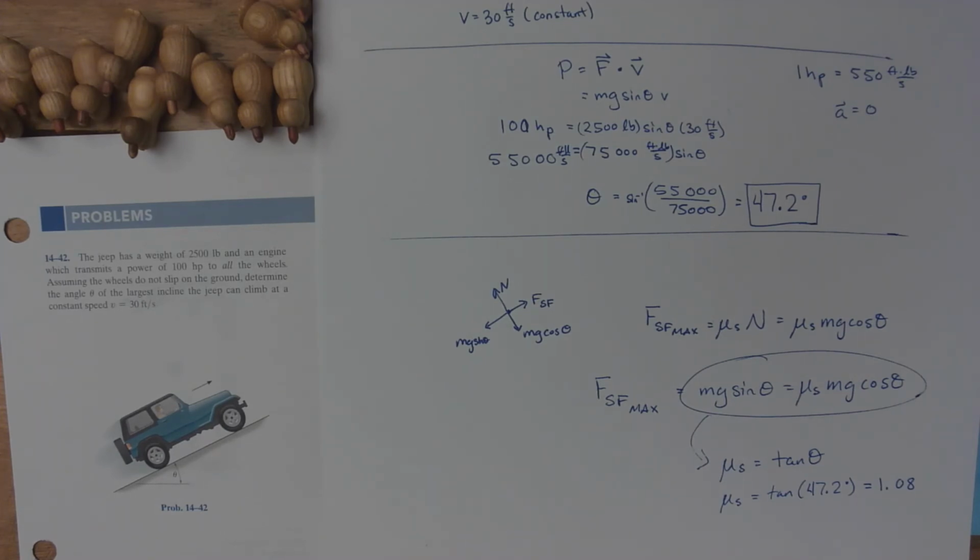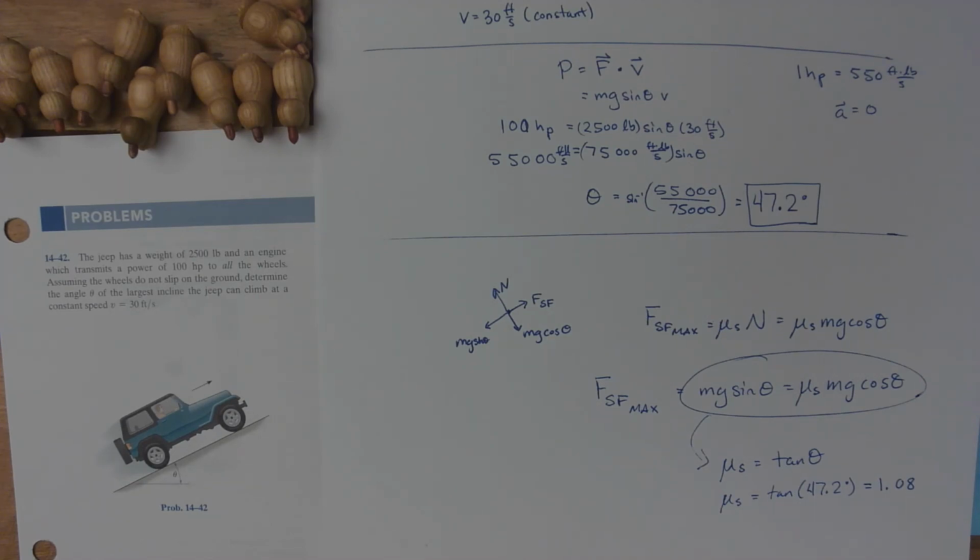So usually for car tires, the coefficient of static friction is about 0.7, maybe as high as 0.9, but it would be very unusual for car tires to have a coefficient of friction greater than 1. So, although we did get an answer of 47.2 degrees in this problem, I don't actually think in this case that the Jeep could be going that fast up an angle of 47.2 degrees without the wheels slipping.